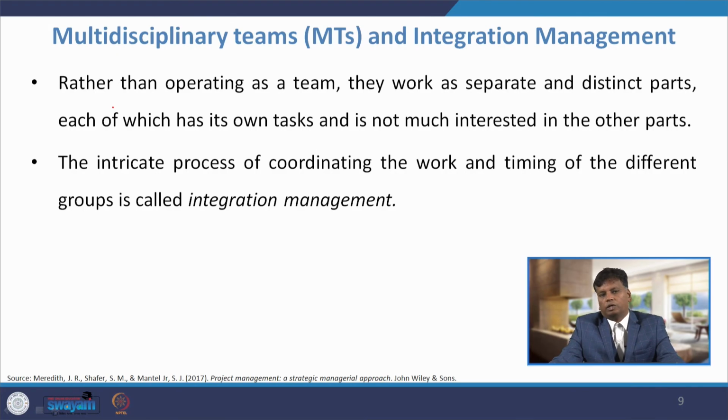So, if the coordination is not properly managed, they start to work as separate entities. They never bother about what is happening to other parts of the project. This intricate process of coordinating the work and the timing of different groups is called integration management.